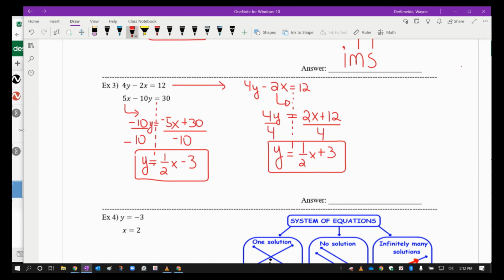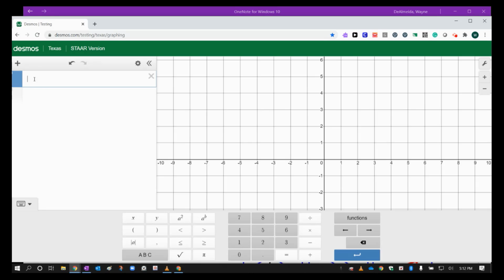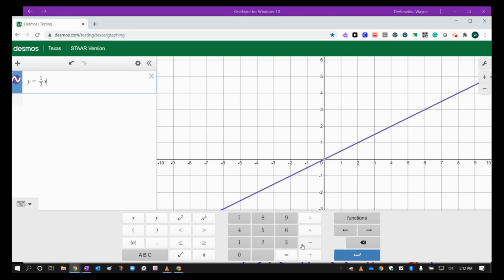So let's go over there, and let's go ahead and delete the other work that we did before. Let's enter the first equation, which is y equals 1 over 2 x plus 3.